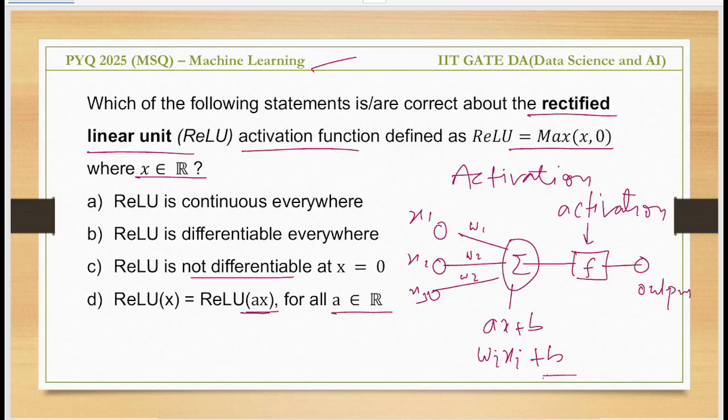We have many types of activation functions, for example the sigmoid activation function, the rectified linear unit, also known as the ReLU activation function, and the step function. But in this question we have to work with the rectified linear unit activation function.